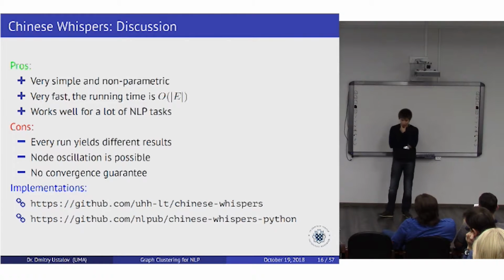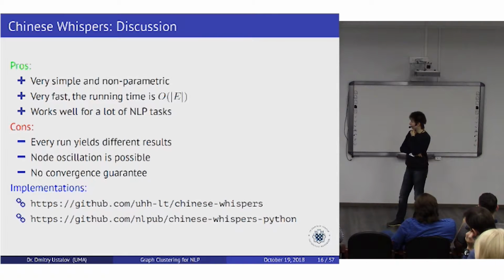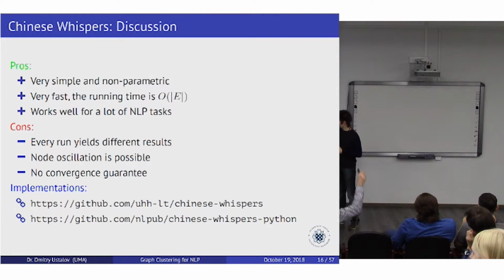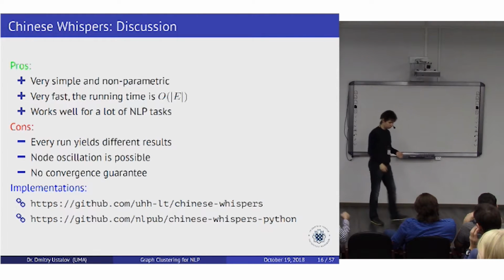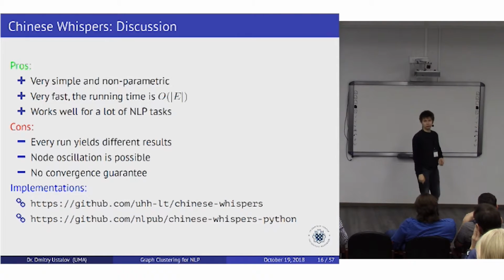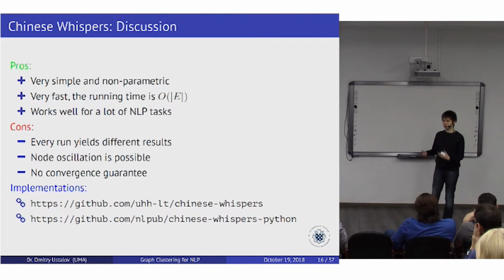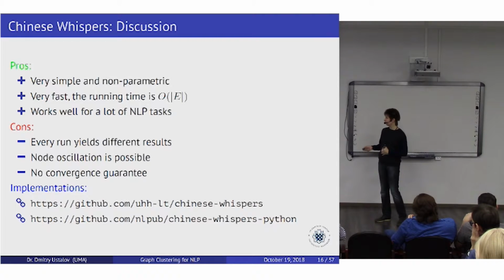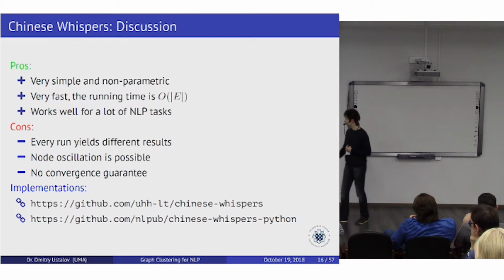I think it's not really a good one. The second option, and usually when you see that the algorithm has no formal convergence guarantee, in Chinese whispers it's very true, you should instead just use a limit on the number of iterations. Chinese whispers converges very quickly, so if you set maybe 8 iterations or 10 iterations, it should be enough.